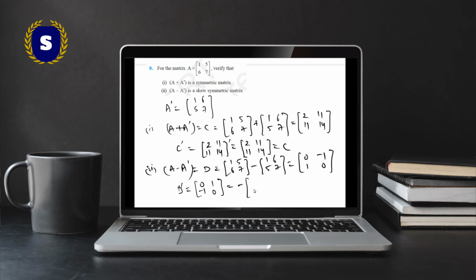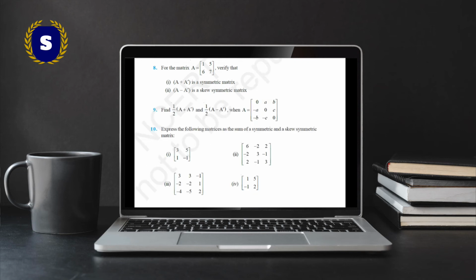Taking the minus common, it will become minus of 0, minus 1, 1, 0, which is equal to D. So here we have D transpose equal to negative of D. Hence D is a skew symmetric matrix. And in the above part we have transpose of C equal to C, hence it was a symmetric matrix. Okay, let us solve the next question, that is question number 9.